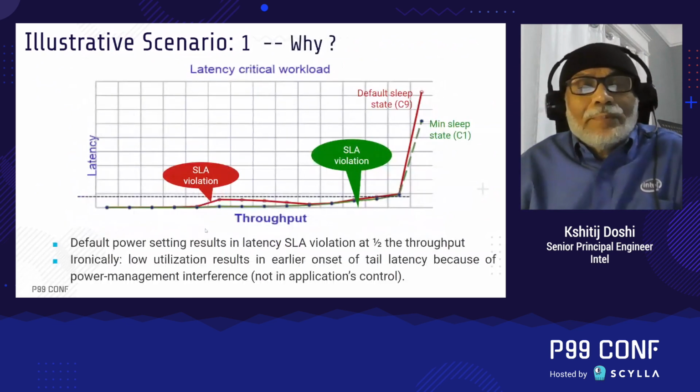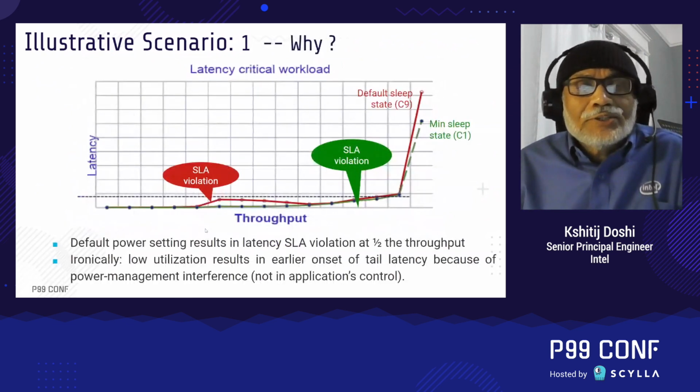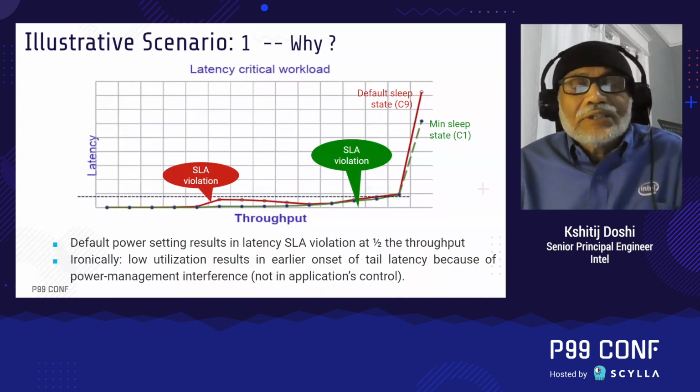Now, why was this happening? It turned out that the main cause was that the default power settings were putting the system in deep sleep state at low loads, and as a result, the SLA violation was occurring much earlier.